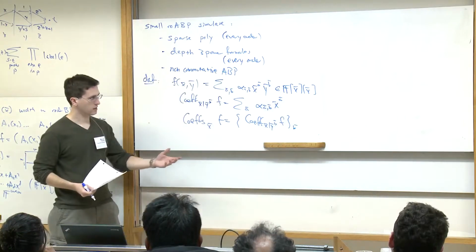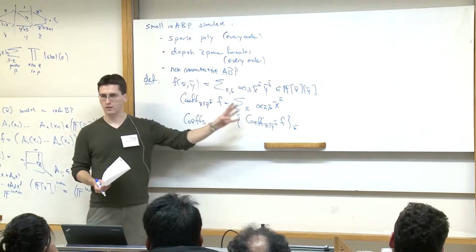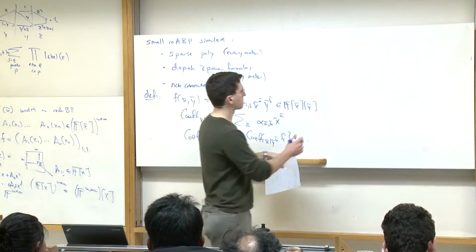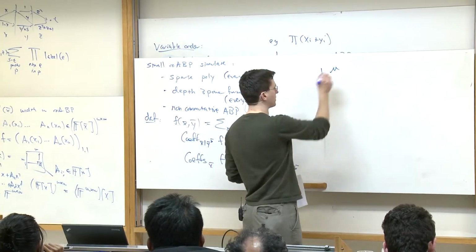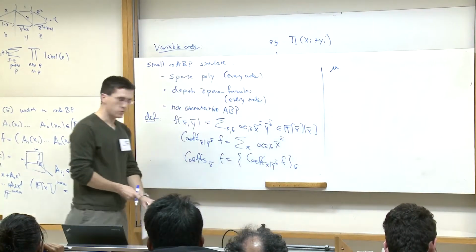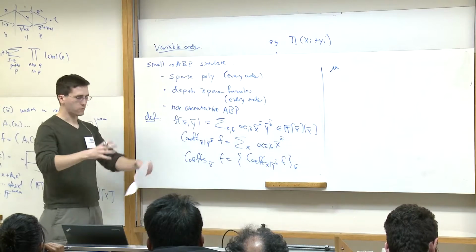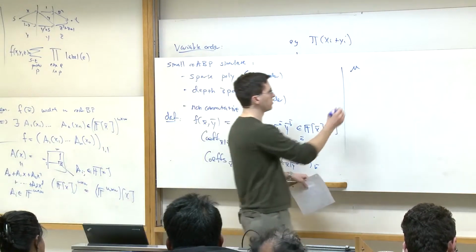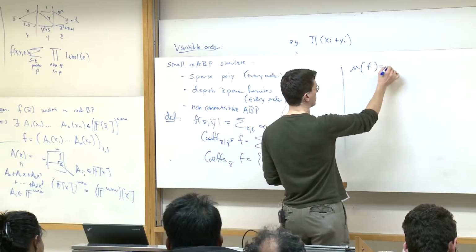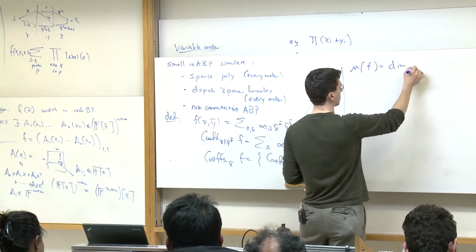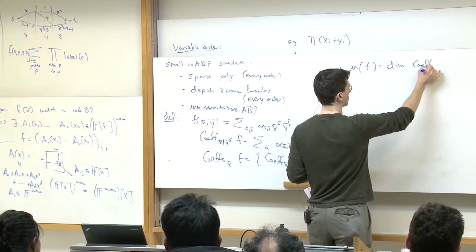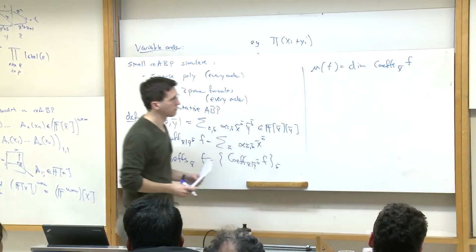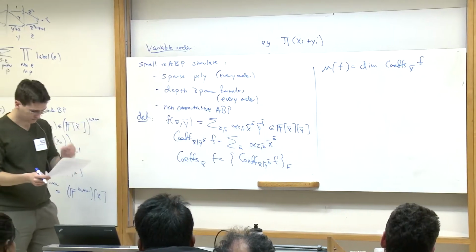So I'm taking some exponentially large space of polynomials associated with f, and what do we want to do? We want to define some complexity measure. This will be the same complexity measure that Ramprasad gave with the partial derivative matrix. I'm just taking a vector space way of viewing it, where mu of f is simply the dimension of the space of coefficients of x in f. That's going to be my complexity measure.